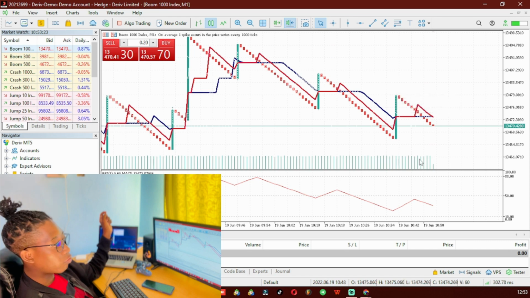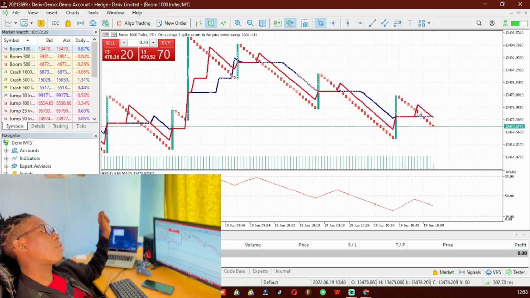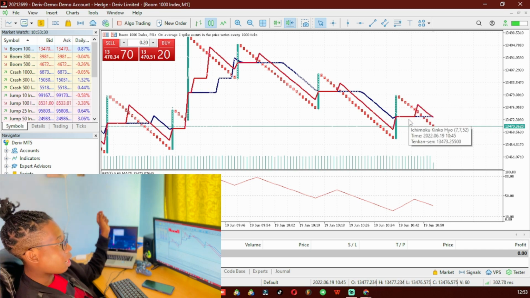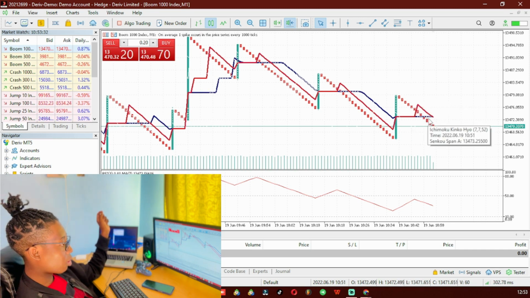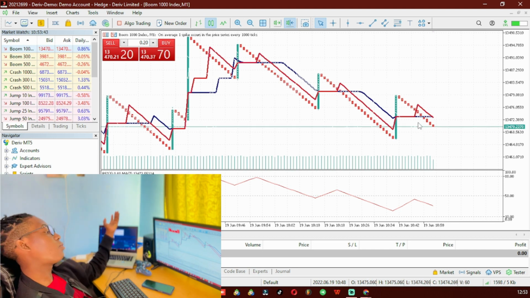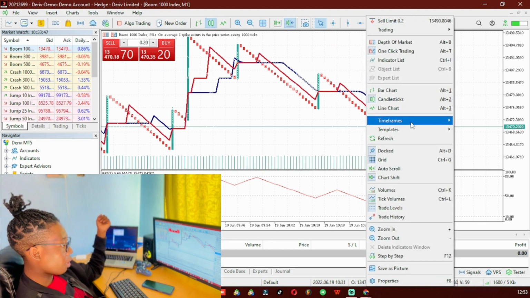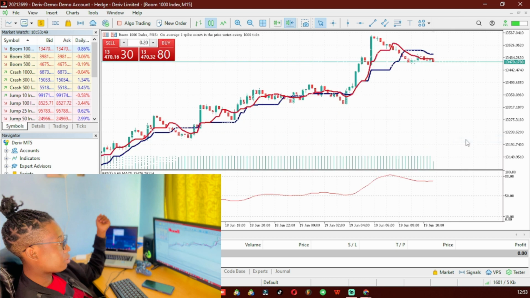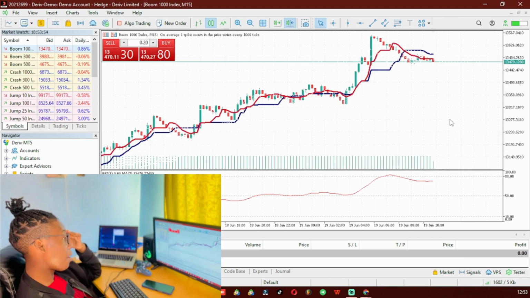For boom 1000, you simply wait for the red Ichimoku to go above the candles, and when the blue Ichimoku Kinko Hyo goes above the candles, you close. So I've already missed this trade. I said that you buy. So if you'd like to reduce some spikes, before entering a trade, go on a higher time frame and find out if price is in an uptrend or a downtrend before buying.